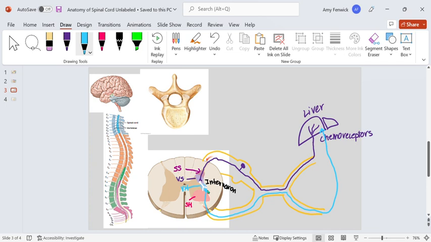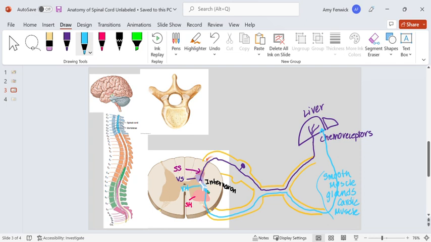Maybe it carries information back to the gallbladder, but no matter what, it's going to hook up with smooth muscle because it's involuntary, that's visceral. It could hook up with some glands. It could possibly hook up with some cardiac muscle. So this motor neuron could innervate any of these structures, activating them.